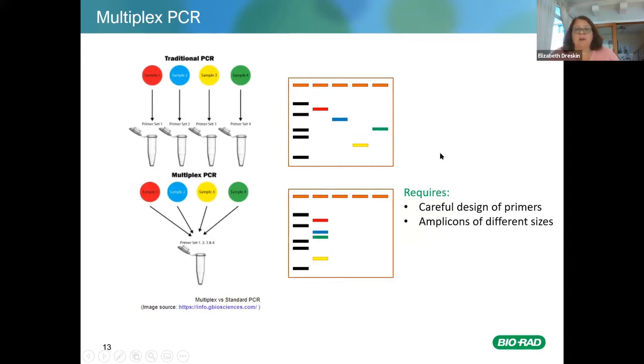If the primers have been designed carefully and the amplicons are of different sizes, you can actually combine these into a multiplex experiment in which all 4 of these assays can be used in one tube to look at the sample. This saves sample time, sample size, and also space on your gel, so you can get higher throughput this way.